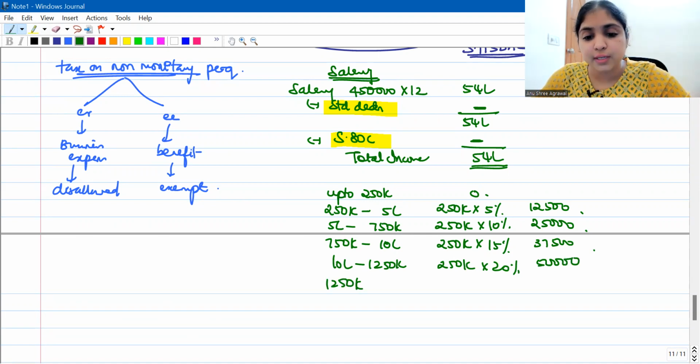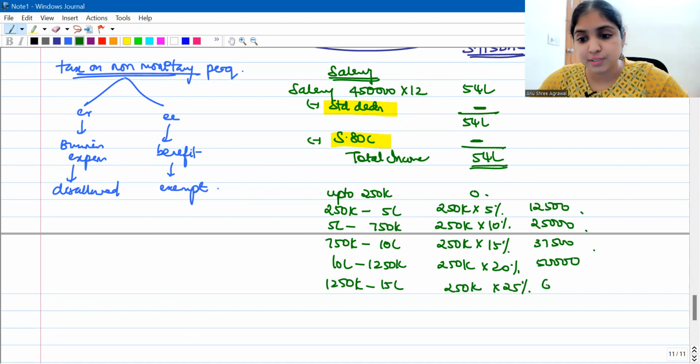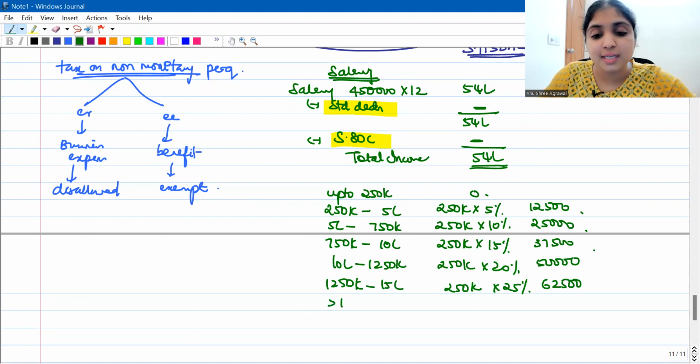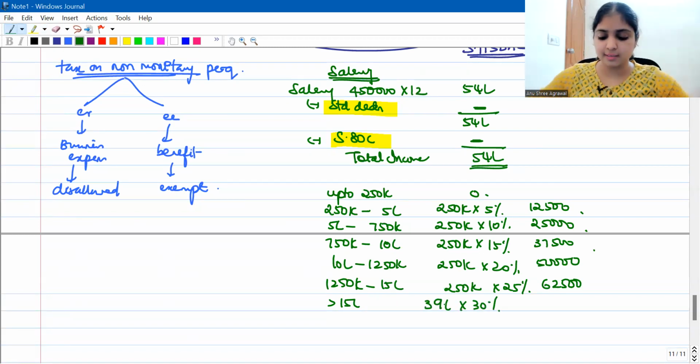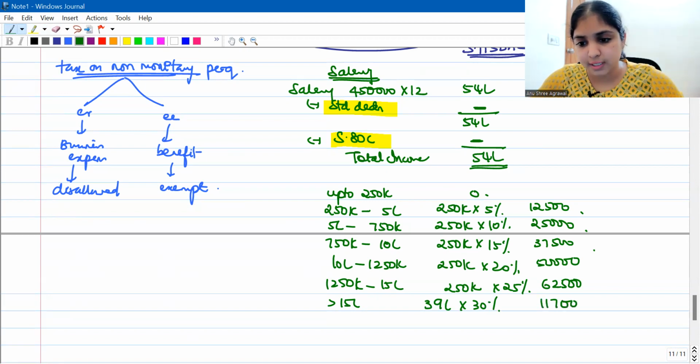Then 12,50,000 to 15 lakh, in between another 2,50,000 income we have on that 25% will be 62,500. And finally, in excess of 15 lakh, how much income do we have? 54 lakh minus 15 lakh, we have 39 lakh income. On that 30% tax rate would be 11,70,000.